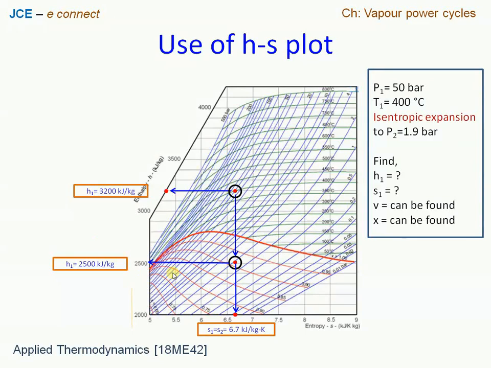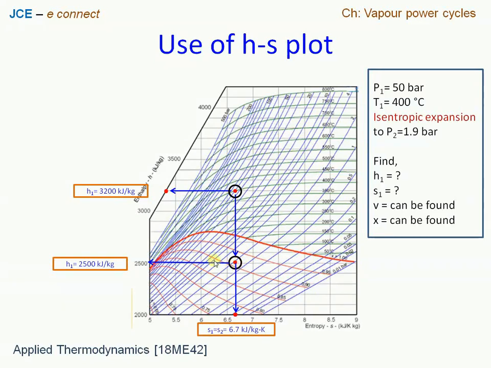Therefore friends, if we are interested in finding the dryness fraction at state point 1, since it is in the superheated zone, we don't have a dryness fraction defined here, therefore this is omitted. And at state point 2, since it is well within the saturation dome, the dryness fraction is defined here.